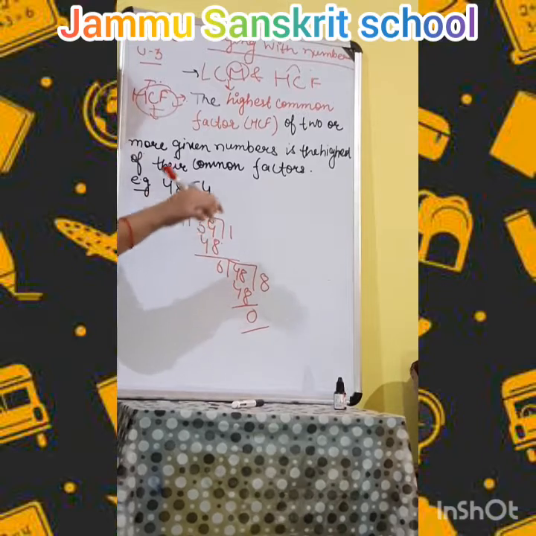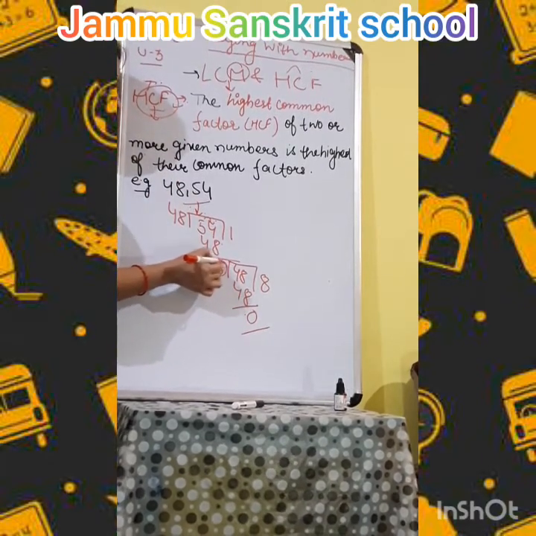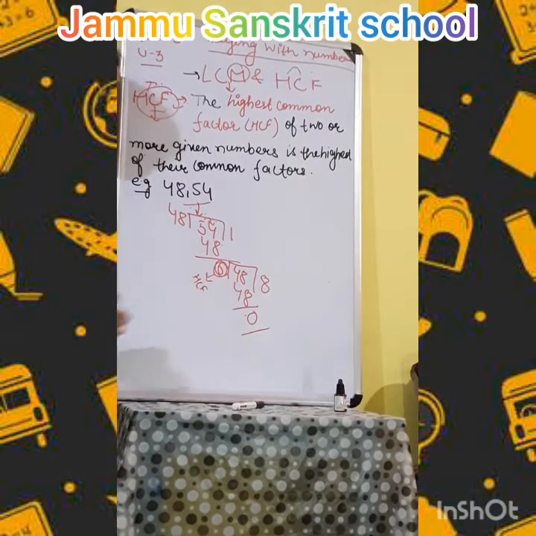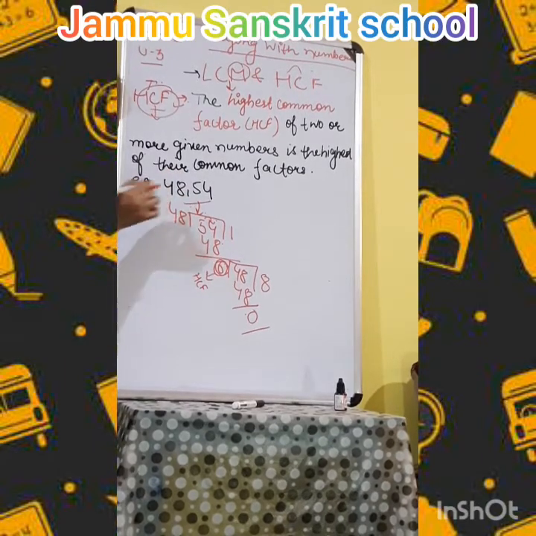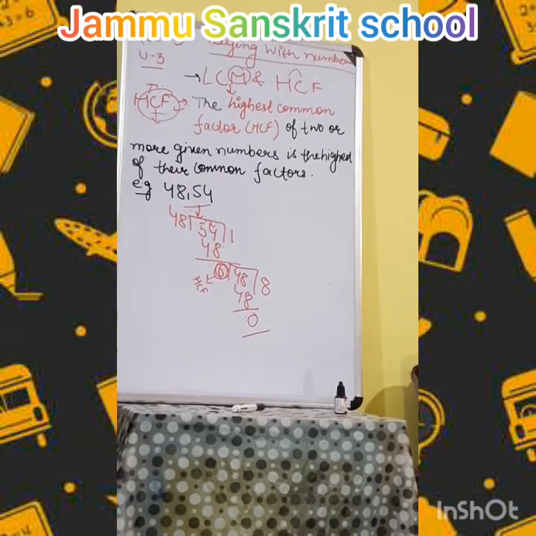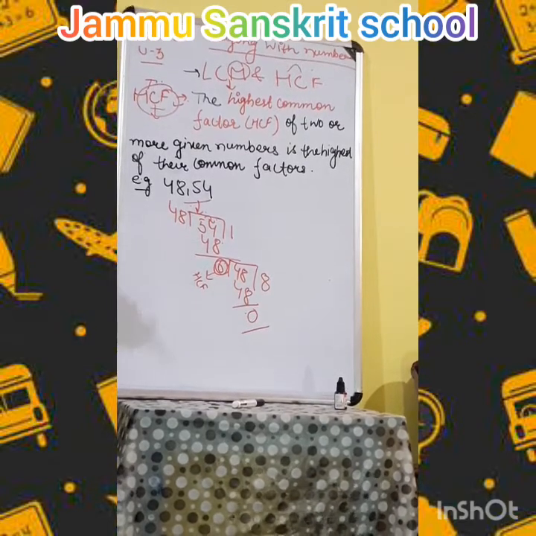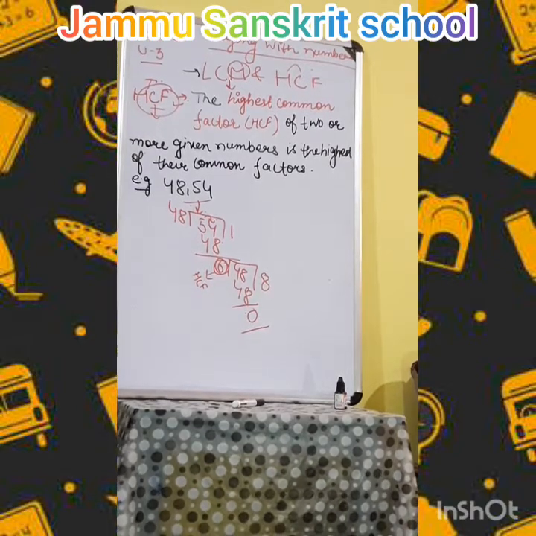When we get the remainder 0, then this portion is known as the HCF. This is the way of finding HCF using the division method. Now I'll tell you how to find the HCF using prime factorization.